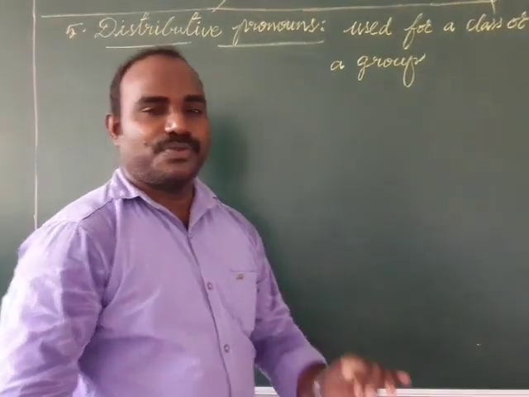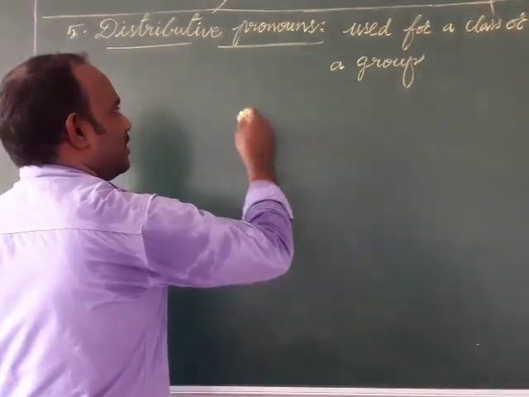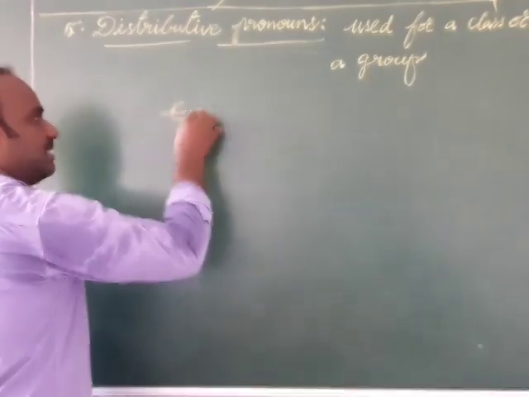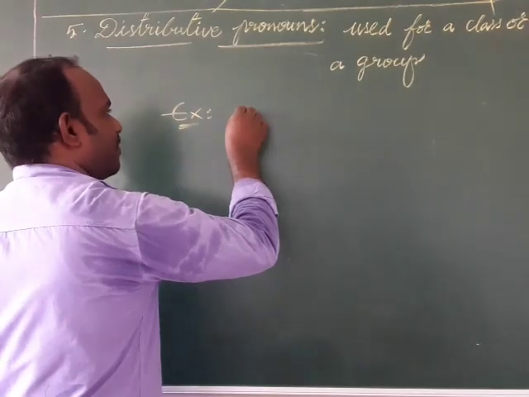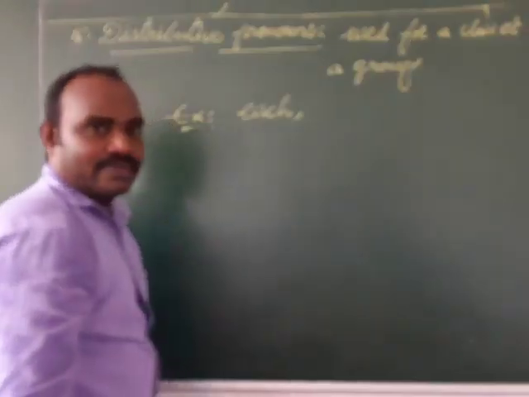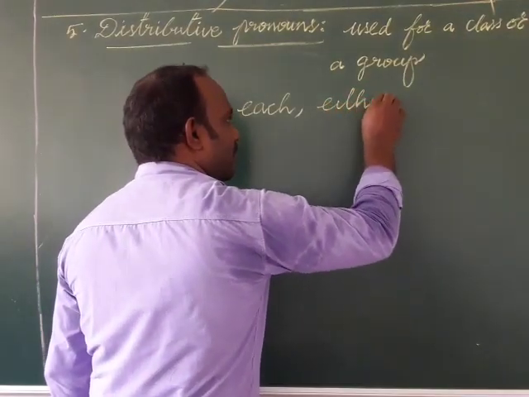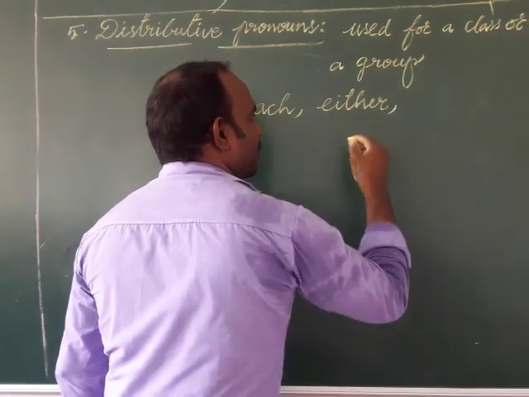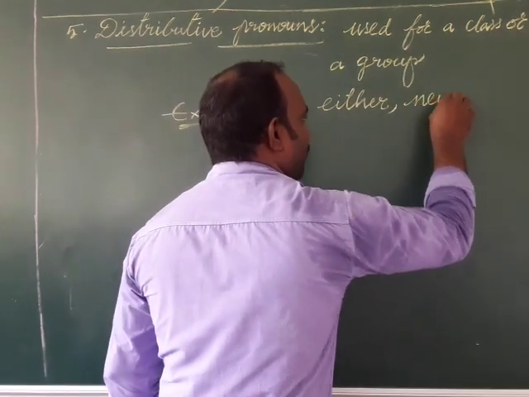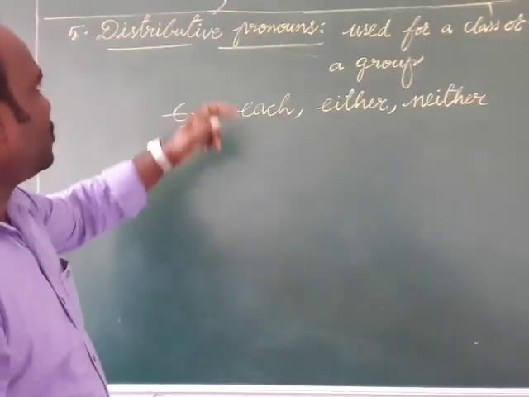See, these pronouns are used for a class or a group of things or people. Examples for distributive pronouns are each, either, neither. Okay, these are called distributive pronouns.